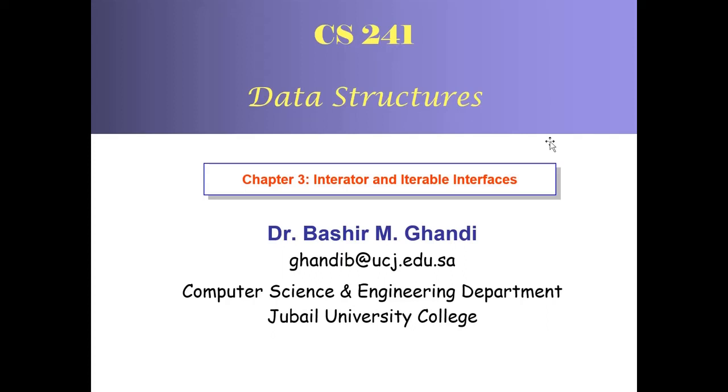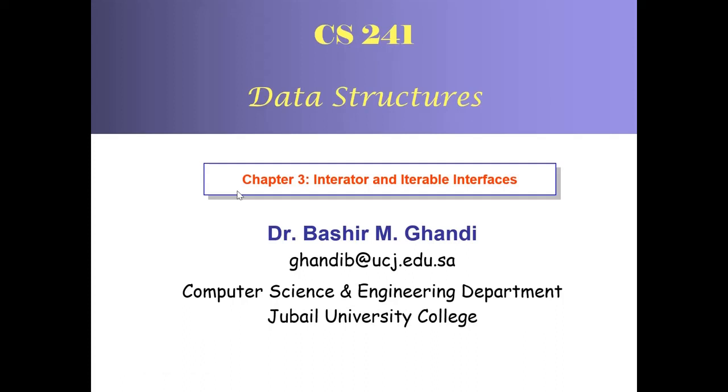So far in this course, we have learned about two data structures, namely singly linked list and doubly linked list. We have learned how to implement these data structures. Now in this, our third lecture, we are not going to develop a new data structure.